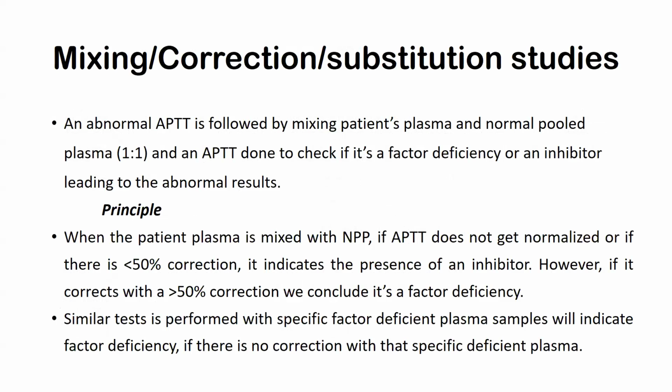An abnormal APTT is followed by mixing the patient plasma and normal pooled plasma or a normal control in the ratio of 1:1, and an APTT is done to check if it's a factor deficiency or an inhibitor leading to the abnormal result. When the patient plasma is mixed with the NPP, if the APTT does not normalize, doesn't come down from 82 to near the normal range, or if it doesn't correct by more than 50%, it indicates the presence of an inhibitor.